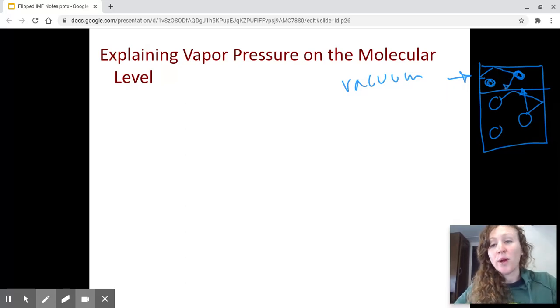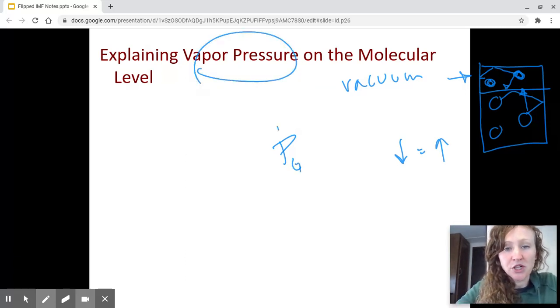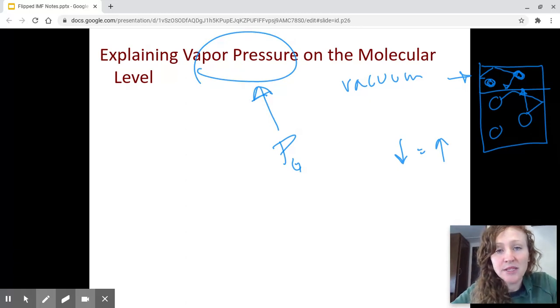And when that rate of escape is equal to the rate of re-entry, then the pressure that has been established by that gas is going to be called vapor pressure. And this happens naturally. If you're given a container of water at a specific temperature, then it will consistently establish a vapor pressure.